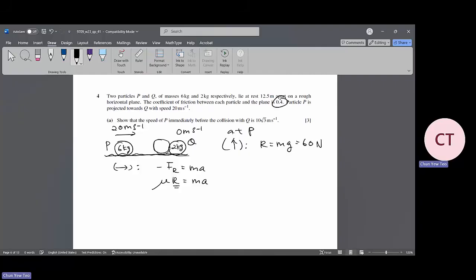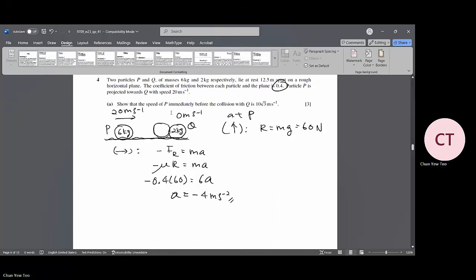They give you μ is 0.4. So combining together, you have 0.4 times 60 equals 6a. Don't forget the negative. So your a will be negative 4. So you're having deceleration.